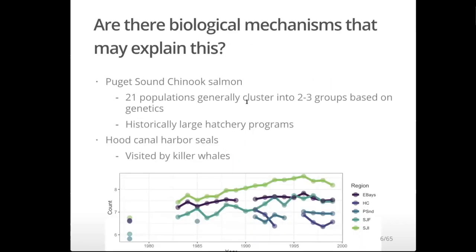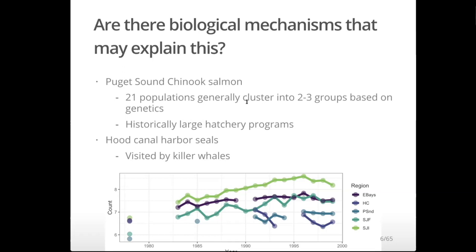In terms of biological mechanisms, I think there are a couple of local examples that I can think about related to some of the data that we've provided in the MARSS package. The first is thinking about the correlation structure among populations of salmon that might be returning to Puget Sound, for example. There's been a lot of work done on this at the Northwest Fisheries Science Center, and there's essentially 21 different populations that are recognized as distinct populations.